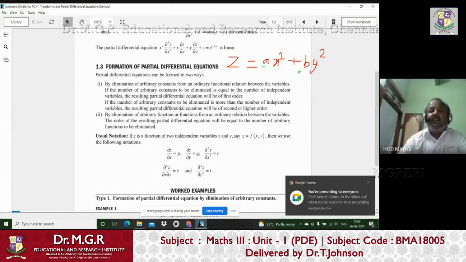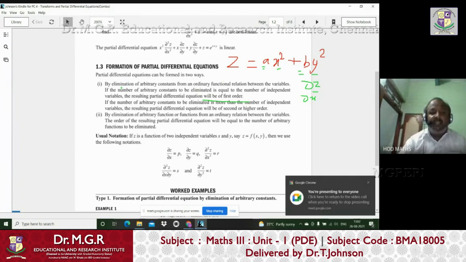Whenever you differentiate this, find dou z by dou x, and try to form a PDE from this equation, that equation is always of order 1. Why? Because how many independent variables are there? There are two independent variables and the number of arbitrary constants is also 2.